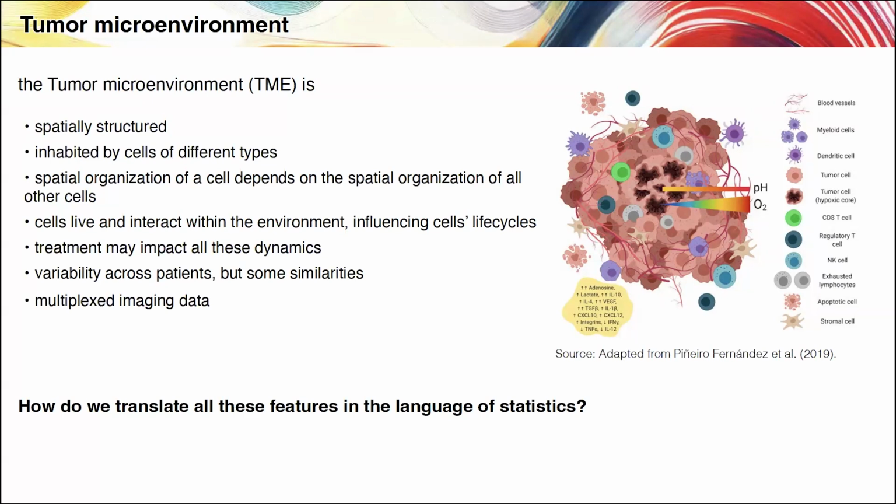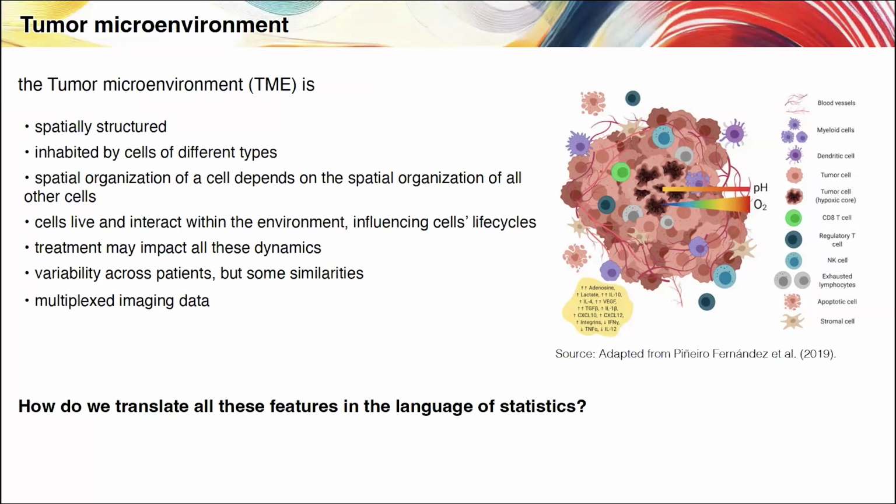The key idea is that the way these cells organize spatially, occupying this environment, depends on how other cells occupy the environment, because maybe they interact with each other, or there's some regulation, at least in my understanding. So the way that they arrange is dependent on the way all other cells arrange. The life cycles of these cells are influenced by each other and therefore also by their spatial location. I'm also mentioning that treatment may impact all of these dynamics.